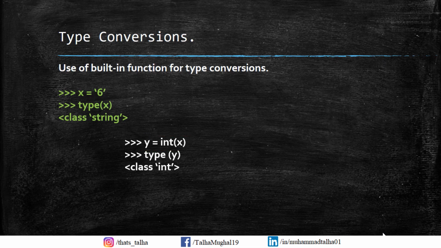Now I will put that x inside the int function, and after that I will find the type of the new variable y, and this time as a result I will get a class of int, because the int function just changed the data type of x from string to integer.